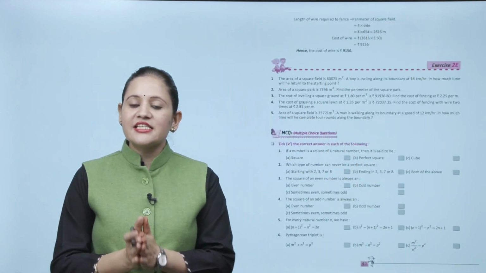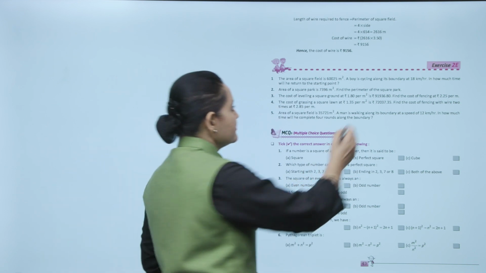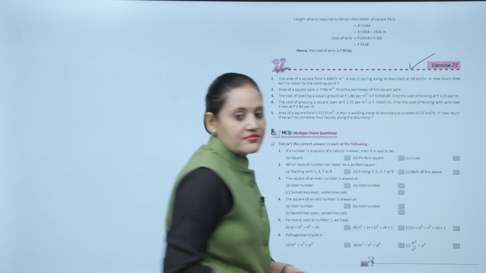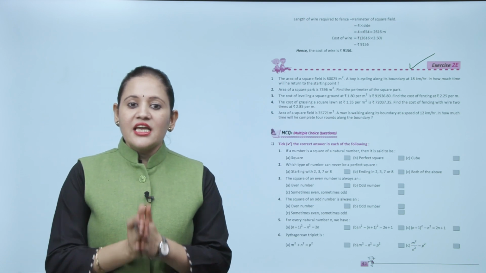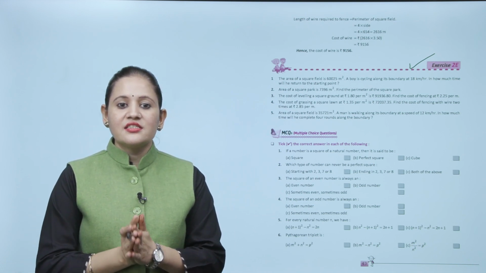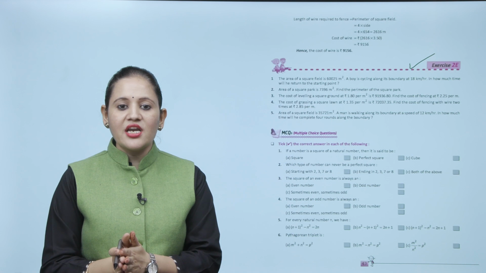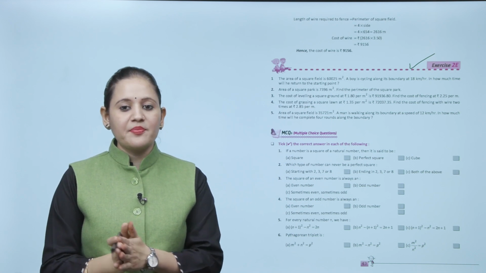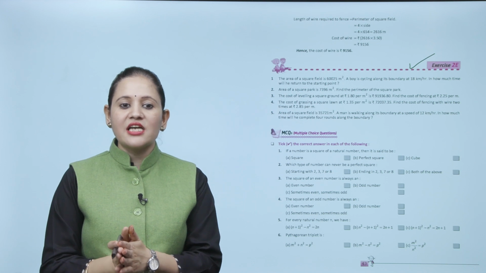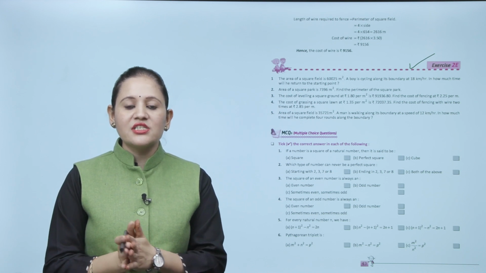Next is exercise 2E. The area of a square field is 60,025 meter square. A boy is cycling along its boundary at 18 km per hour. In how much time will he return to the starting point?